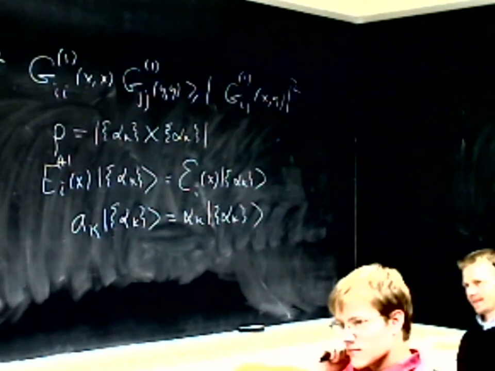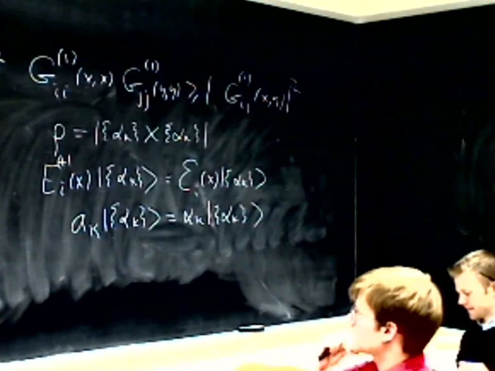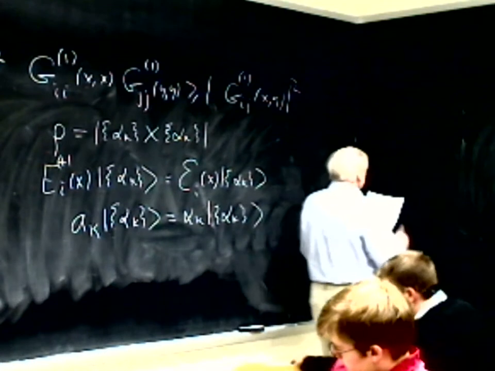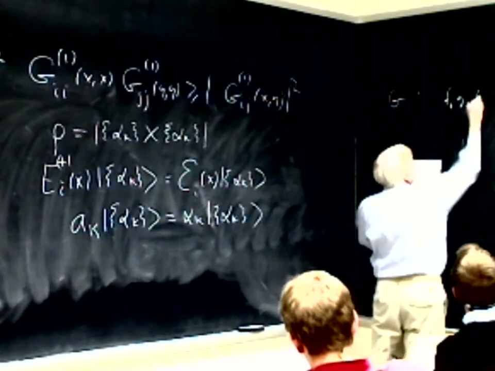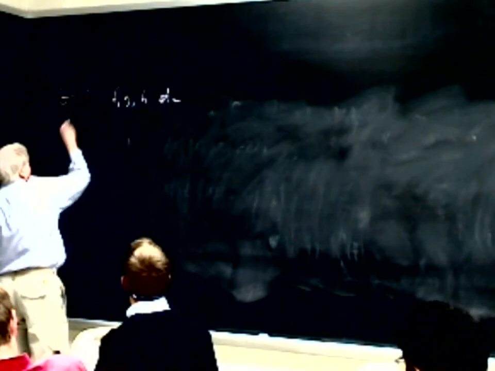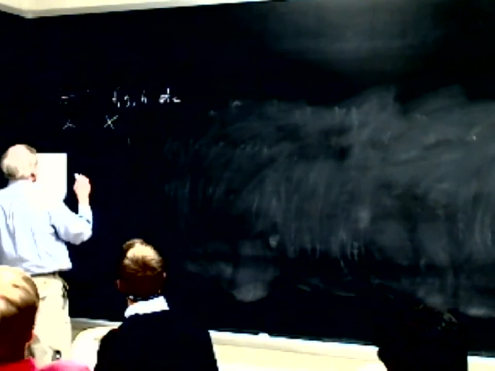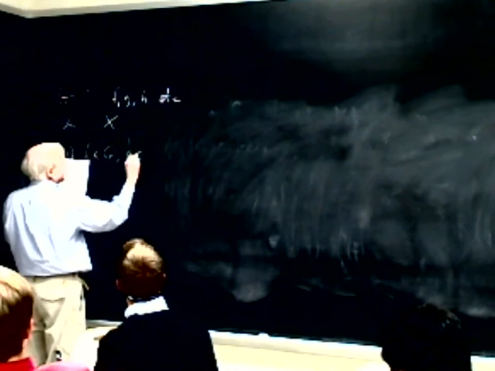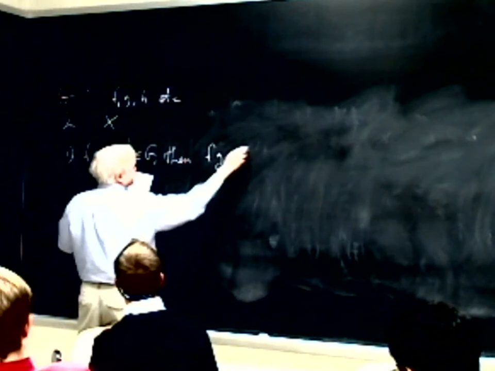I'm not going to do the chapter on group theory now, but at least I'll define what a group is, just so everybody hears what a group is. A group is a set of objects, F, G, H, etc., and an operation called multiplication. And there are the following properties. If F is in the group and G is in the group, then FG is in the group. This is called closure: the product of two elements is in the group.